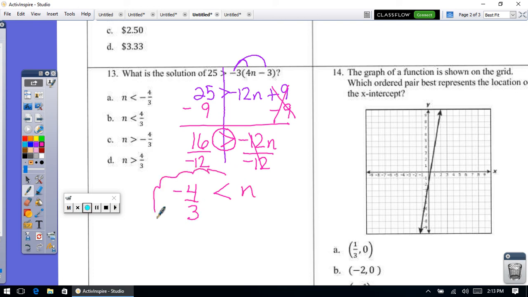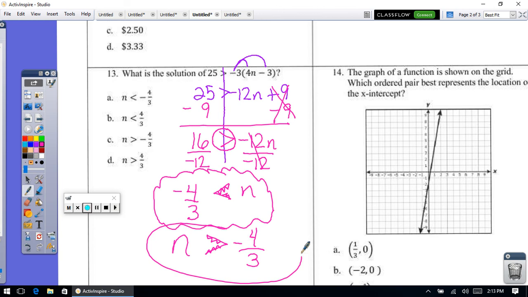But if you look here, you notice that it doesn't really match up to the answer. So what I like to do is draw a little alligator mouth right here. See how the alligator is eating the letter n? So I would redraw it to where the alligator mouth is eating the letter n. And now we can match it up. Which one shows that? If you look right here, you see it's letter C.